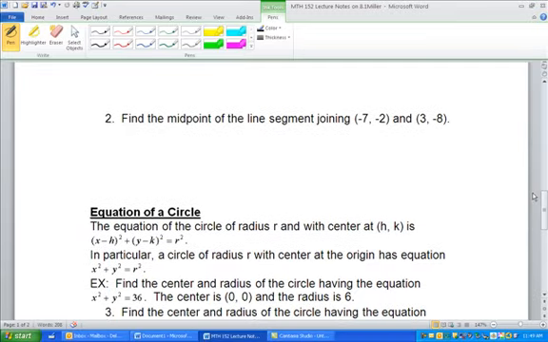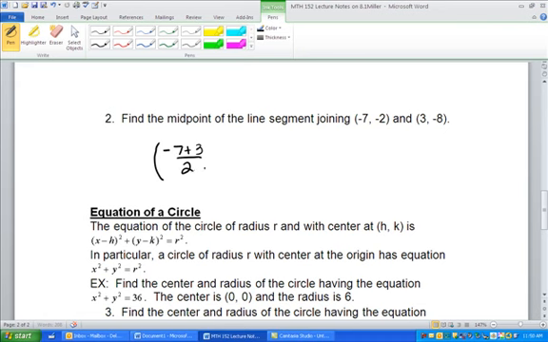Okay, so again, pause the recording and see if you can find the midpoint of the line segment formed by the endpoints -7, -2 and 3, -8. All right, so I'm assuming at this point you've come up with an answer.